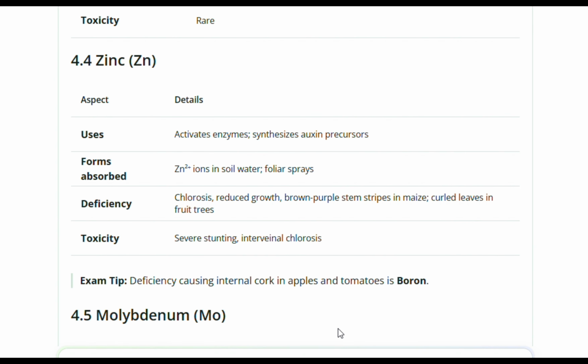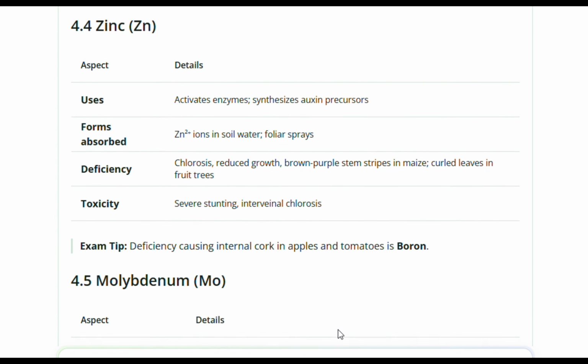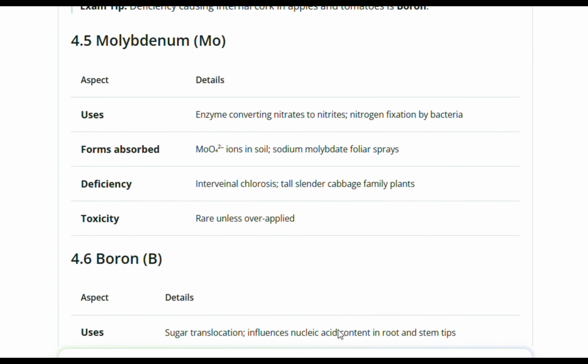Okay, 4.5 we have molybdenum. Molybdenum is what? That's the component of the enzyme that converts nitrites to nitrates. It is essential for nitrogen fixation by bacteria, right?